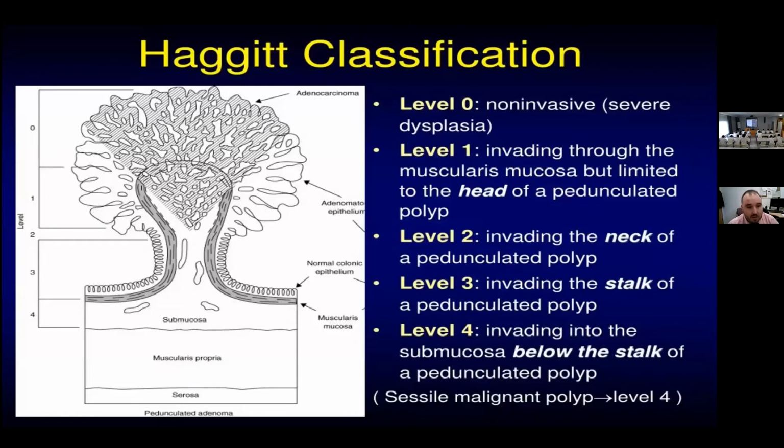You can see the different levels of approach, and between levels 2 and 3 is where we start looking in detail at patients and assess whether they might need not only the polyp removal, but also probably a prophylactic colectomy.